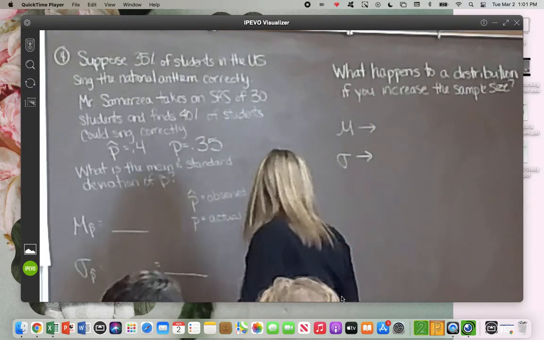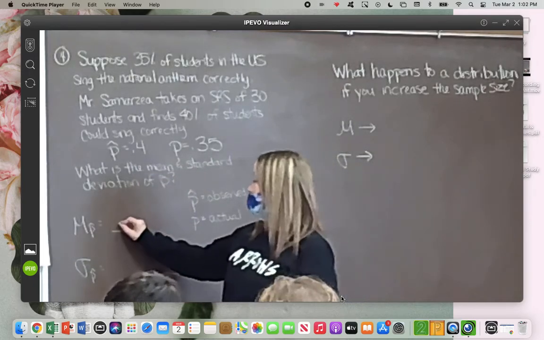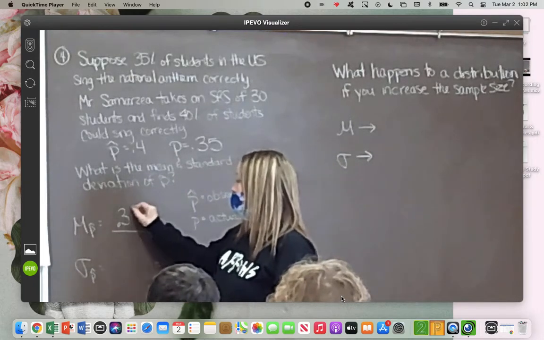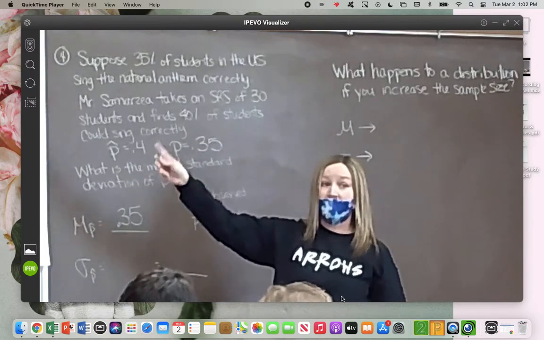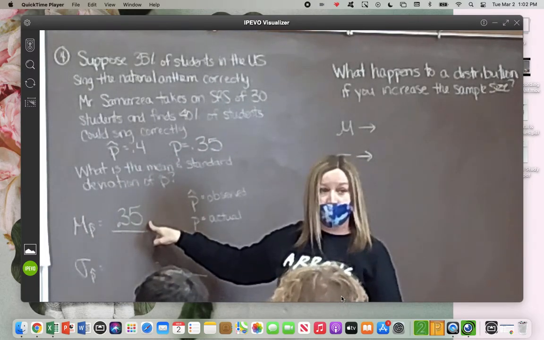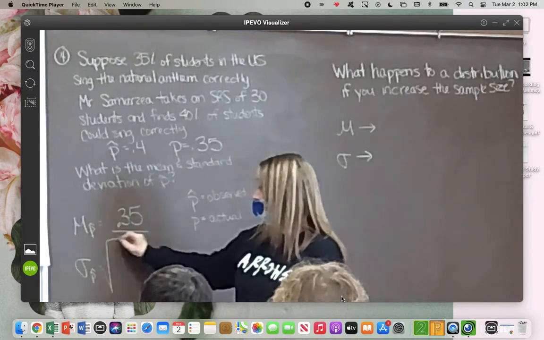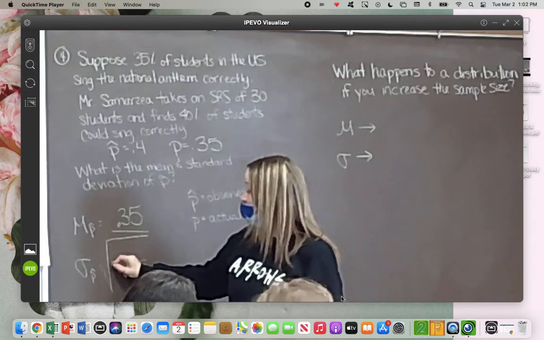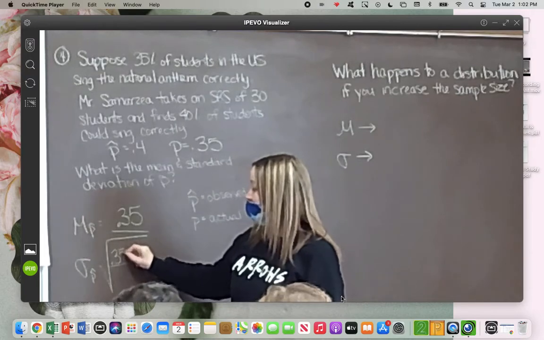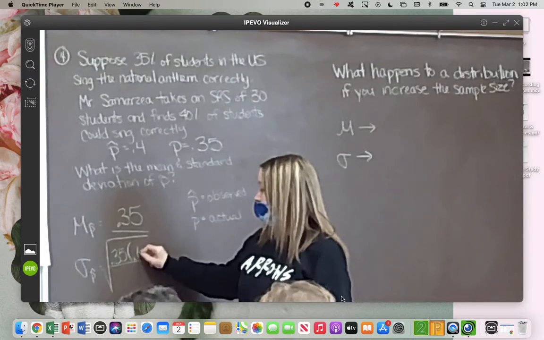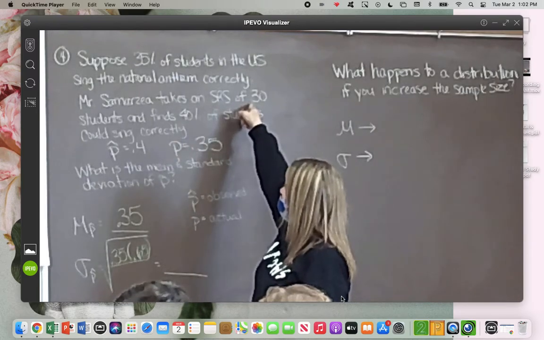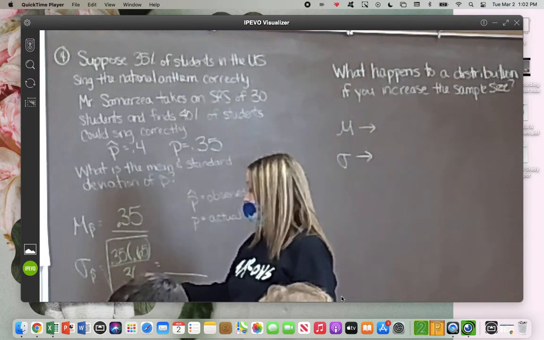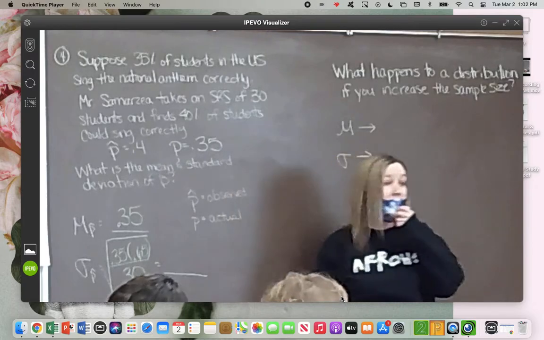So on this one, we are going to use 0.35, and we're still going to use P and Q from this. My P value is 0.35, so what's my Q value? 0.65. Now my sample size is 30. So you still use the sample size.